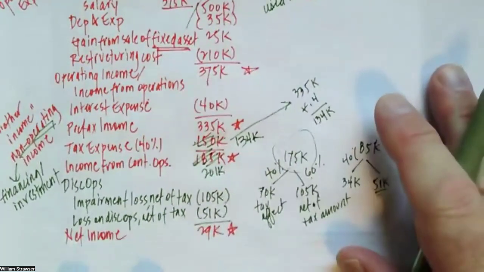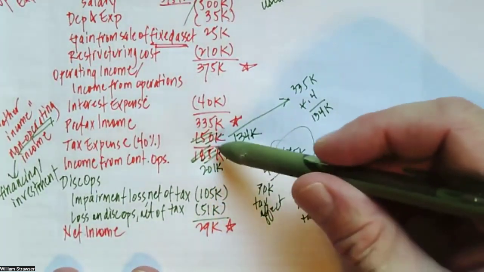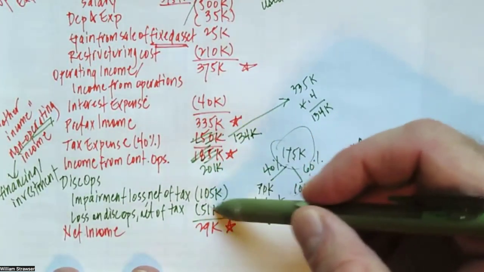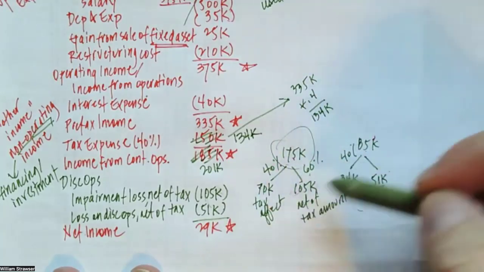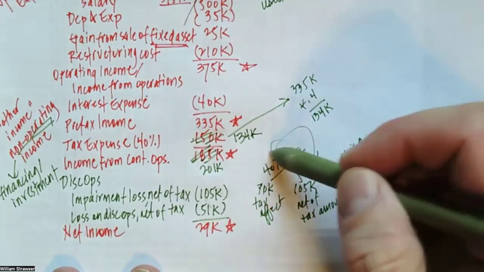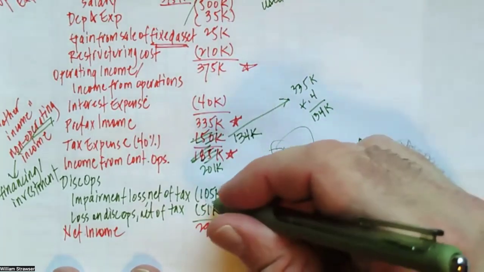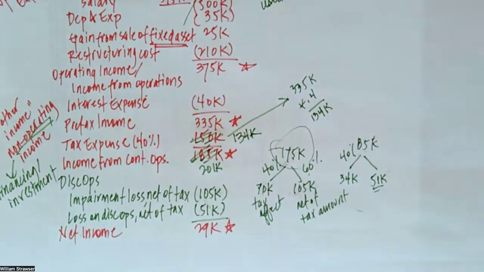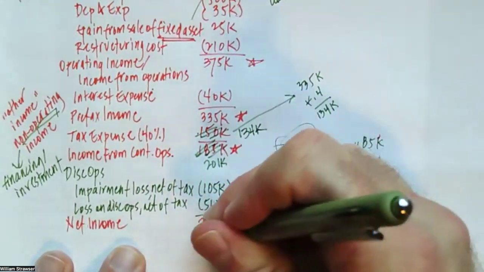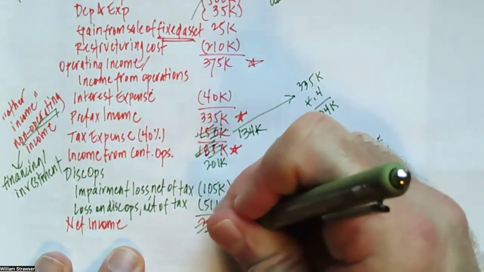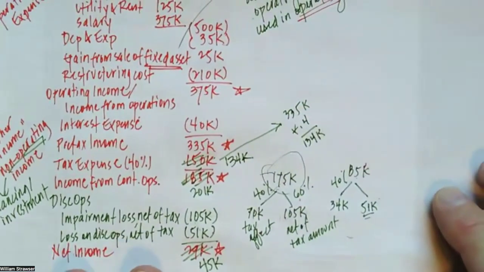My mistaken tax expense doesn't affect anything I did with the disc ops over here. Stripping out their tax was calculated correctly. But 201 minus 156 in total discontinued expenses gives me 45,000. All right, so now that is correct.